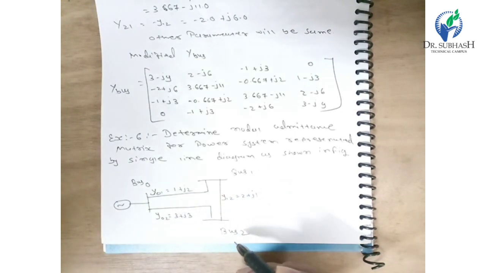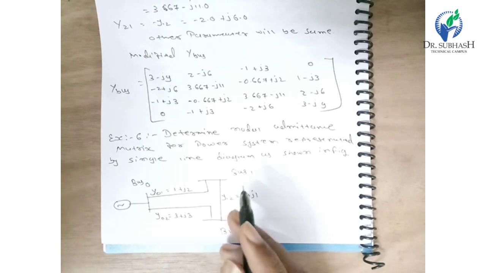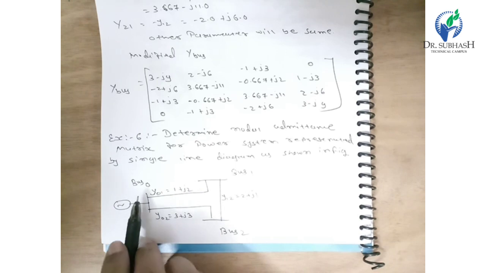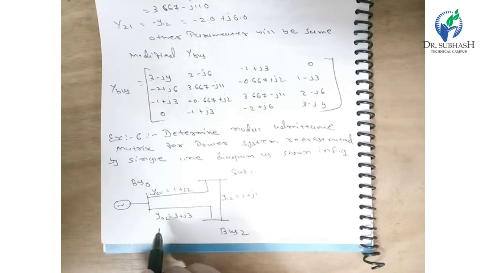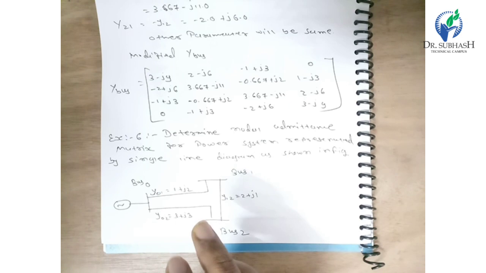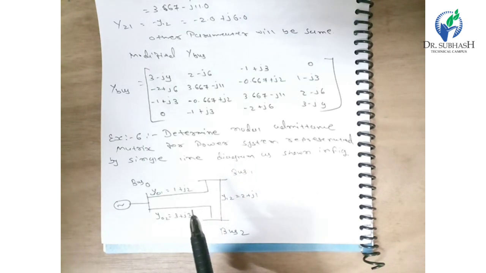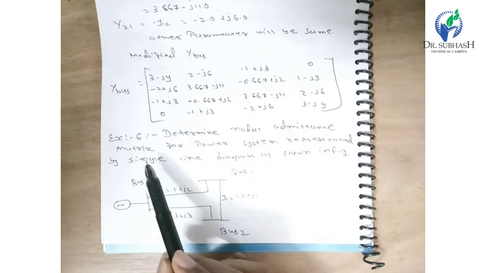Between bus 1 and bus 2, the value is y12 equal to 2 plus j1, and between bus 0 and bus 2, the connected value is y02 equal to 3 plus j3. Now we solve this power system network and find the nodal admittance matrix.